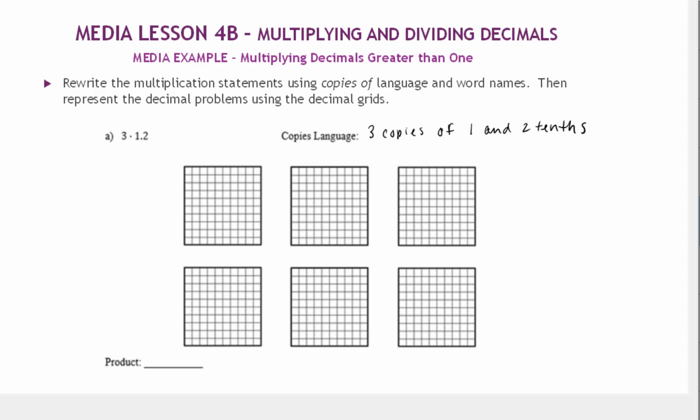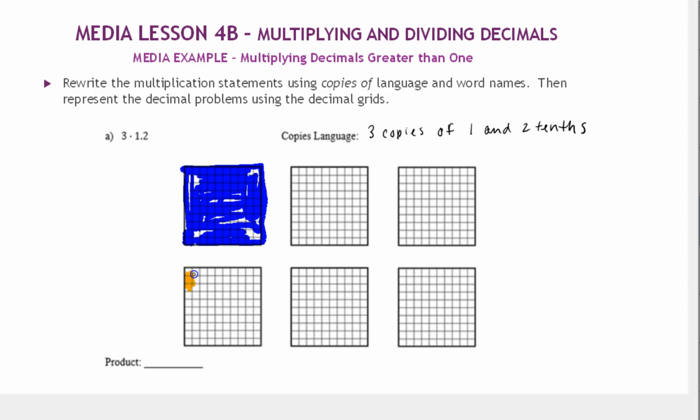Now, first I'm going to do 1. Just going to make this dark blue, and I'm not going to shade it perfectly because that might take forever. So this is going to be 1, and now I'll do the 2/10 in orange.